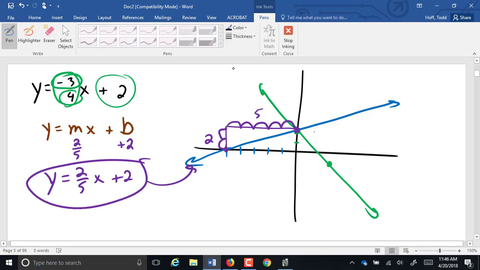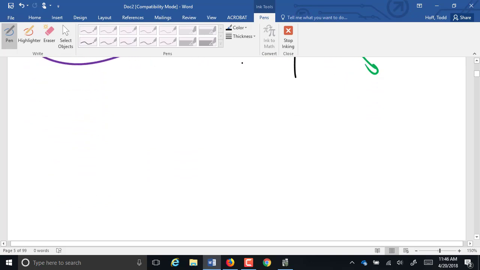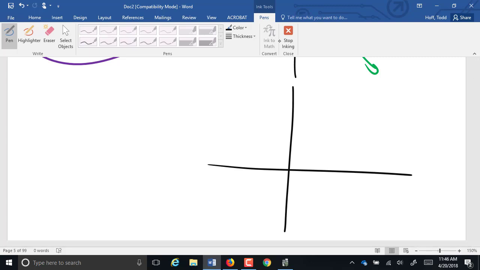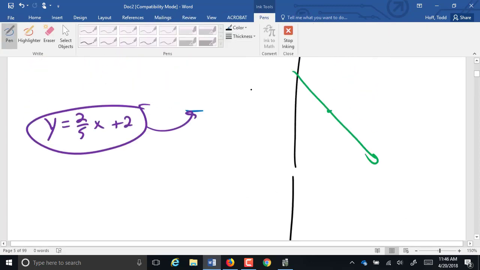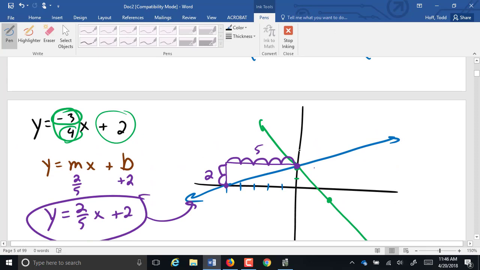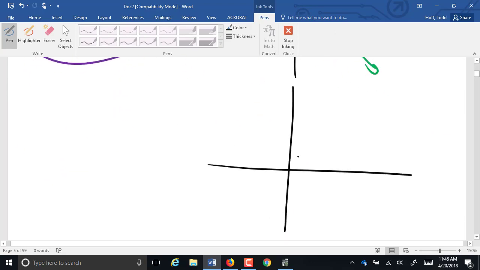We also looked at what if we were given a line on the graph and had to find its slope from points other than axis crossings, other than our x and y intercepts, if we just had generic points on the graph. So we might have a point like this.